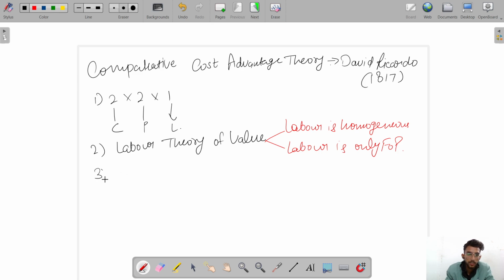And the third assumption is that this theory is based on constant cost. The fourth assumption is that there is no transportation cost.